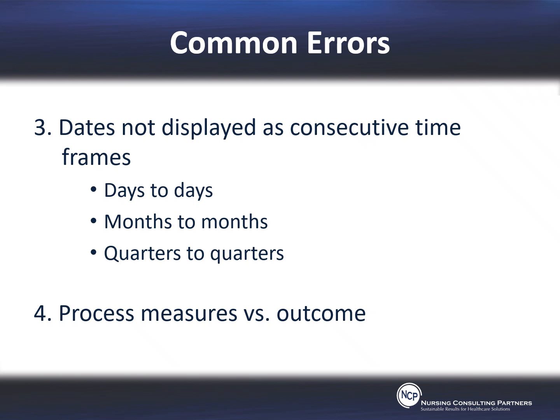And then at times you'll see that process measures are presented versus outcome measures. So the outcome measure is the so what. If we do this evidence-based intervention, what difference does it make? For example, in the mother-baby units or perinatal units, skin to skin following birth is a process measure.